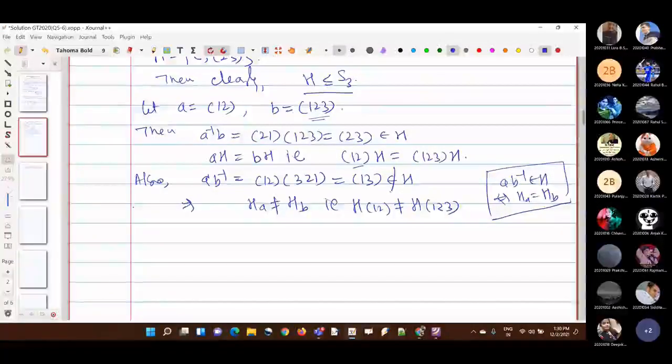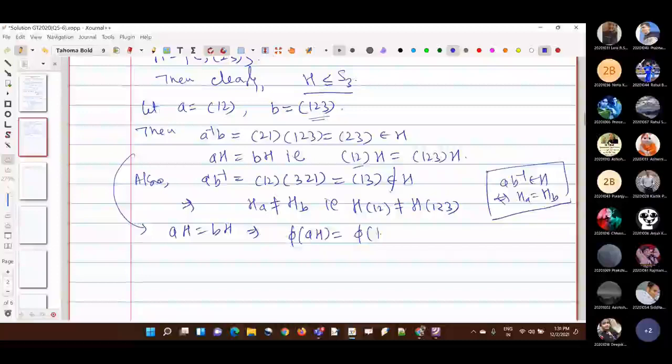But let us see, here we have AH equals BH. So let us apply the phi function: phi(AH) equals phi(BH). And by definition, this is going to be HA equals HB.